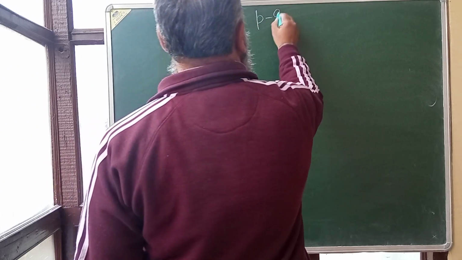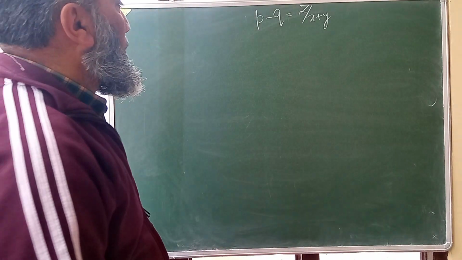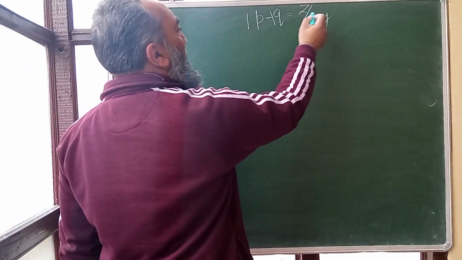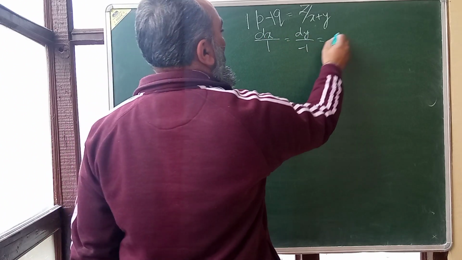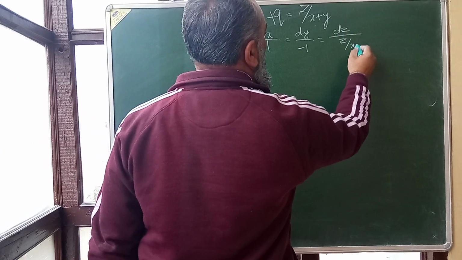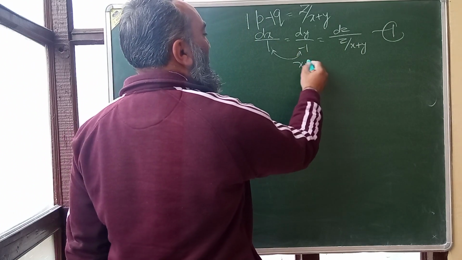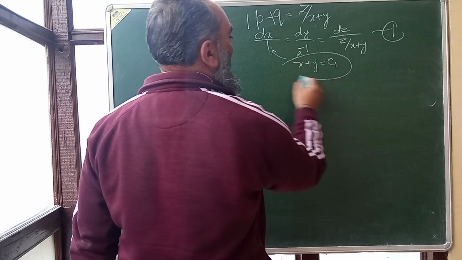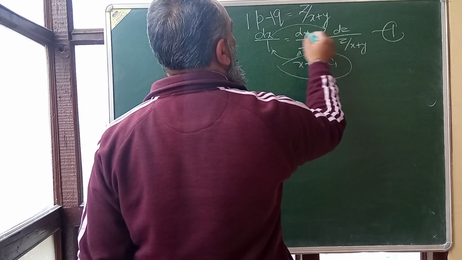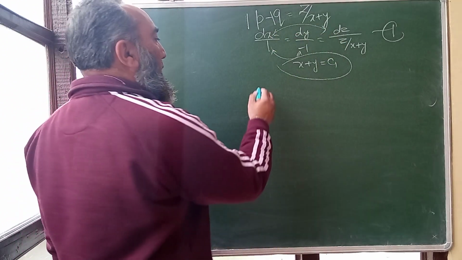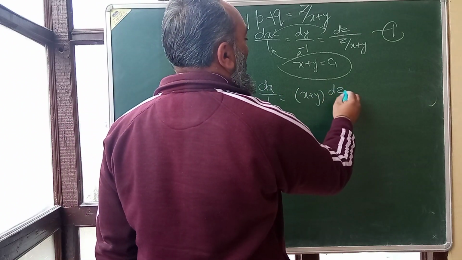Next: p minus q is z upon x plus y. This is pp plus qq equal to r. So Lagrange's auxiliary equations are dx by 1, dy by minus 1, dz by z upon x plus y. Taking the first two fractions together, you will have x plus y equals c1. Now, taking first and second or third, it is up to you, you will get dx by 1 equal to x plus y, dz upon z.